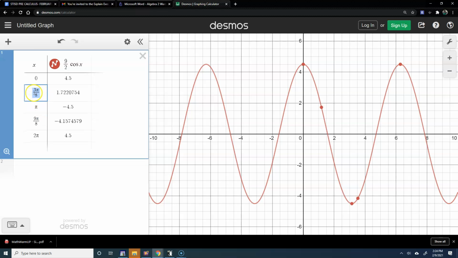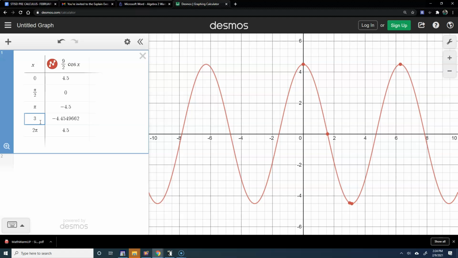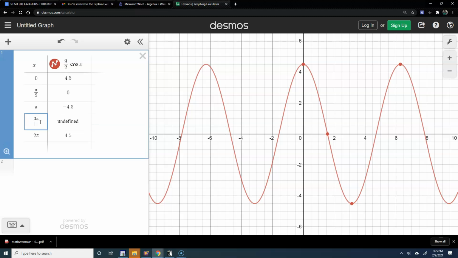It's going to intersect at pi divided by 2, and also at 3 pi divided by 2. So there are our points, and you notice they're exactly what we got in our handout, and it repeats.